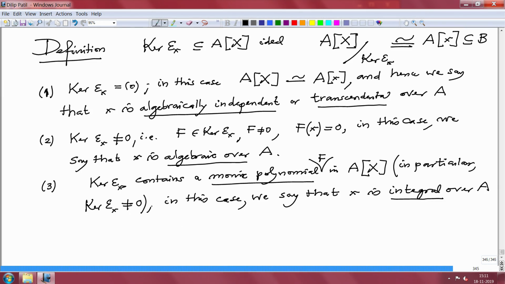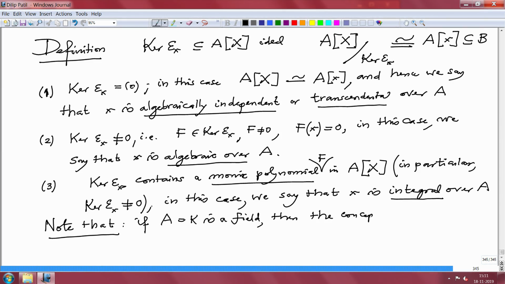So, this is very important. Note that if the base ring A is a field, then the concepts algebraic over K and integral over K are the same, because any non-zero polynomial over a field we can always make monic by multiplying by the inverse of the leading coefficient, which is possible because we have a field.